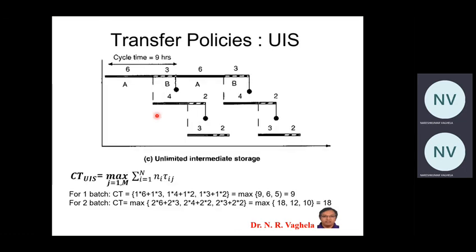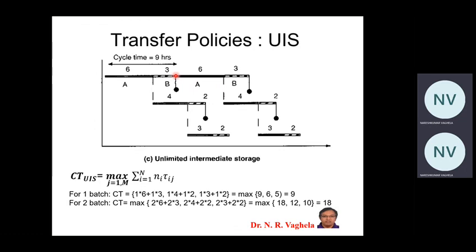Now the third transfer policy, UIS. What is the UIS? Unlimited intermediate storage. We have drawn the gain chart for product A 6, 4, 3, and the gain chart for product B 3 for stage 1, and 1 hour of hold.